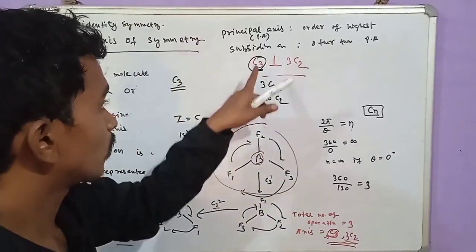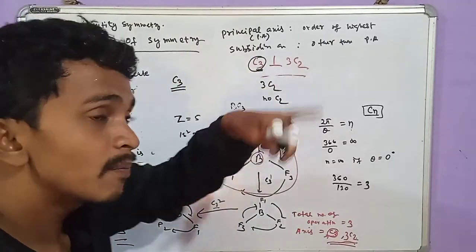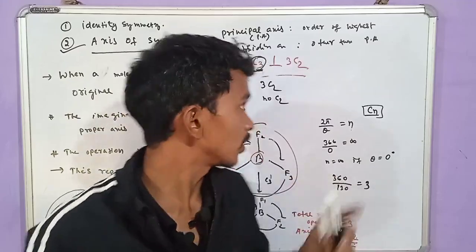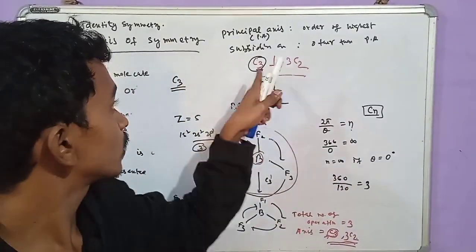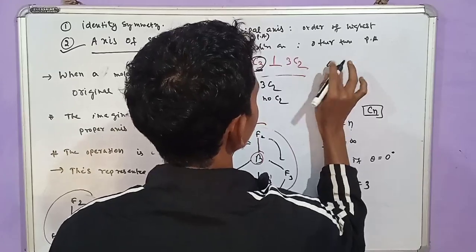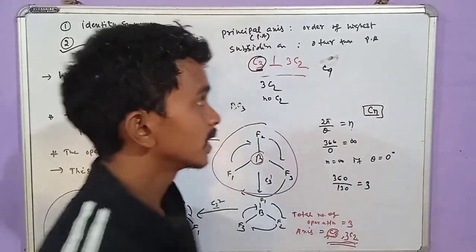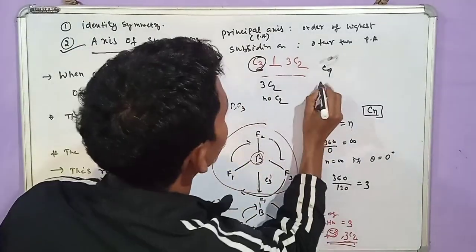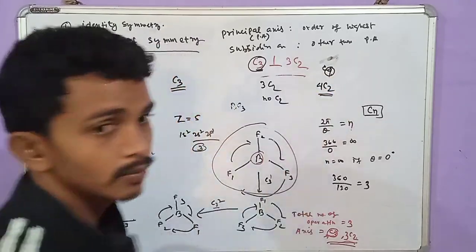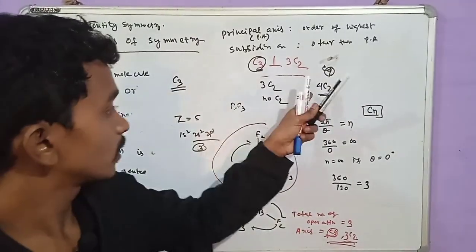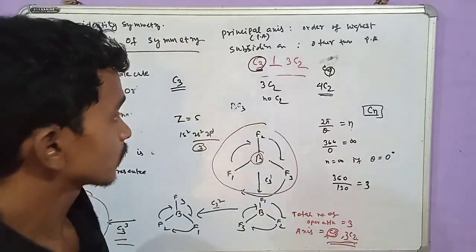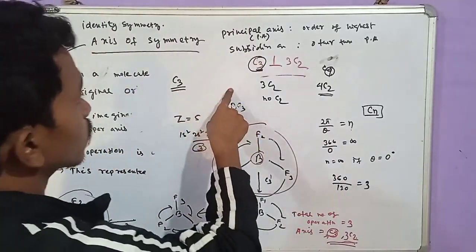Let's say if the principal axis is C4, then the number of C2 present is the same as the order of the principal axis. We will discuss this when we discuss C4, so you have to note that.